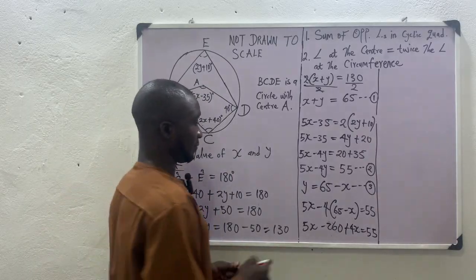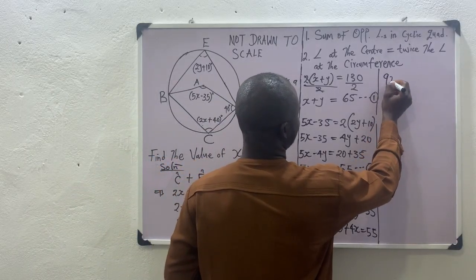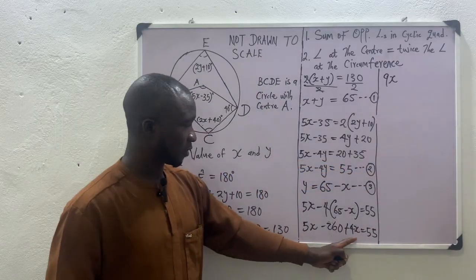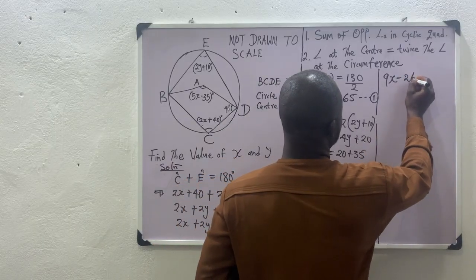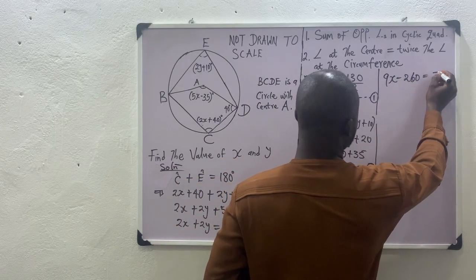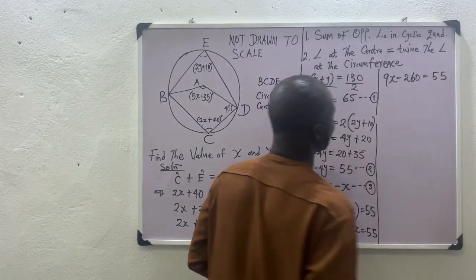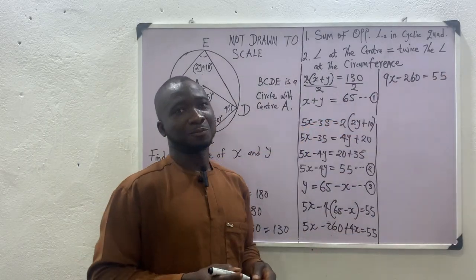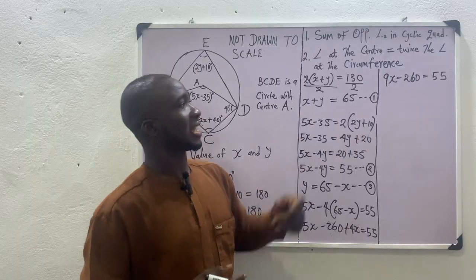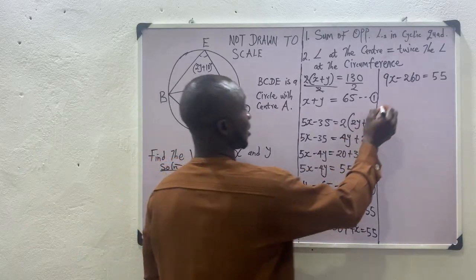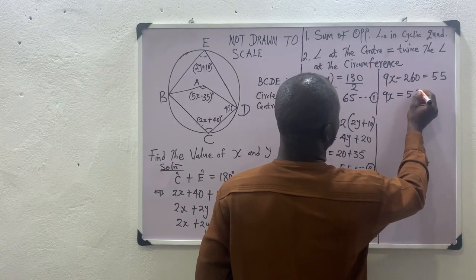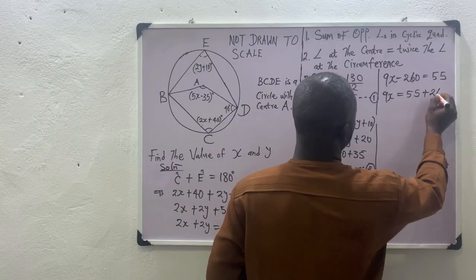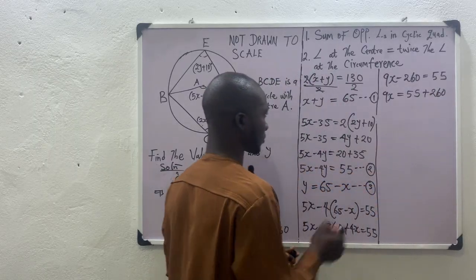So we then have that 9x, that is 5x plus 4x, minus 260 will be the same thing as 55. So when we collect like terms, by adding 260 to both sides of the equation, we now have that 9x is 55 plus 260.